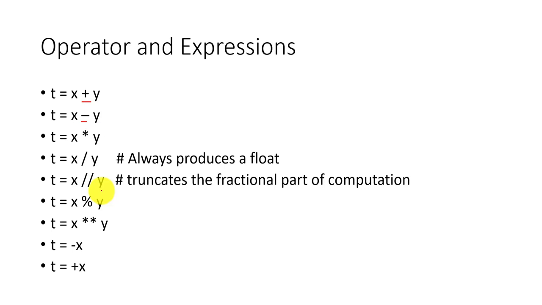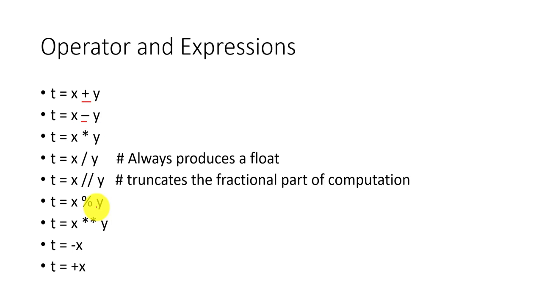Similarly, if x is 5 and y is 2, then also t will get the value 2, since 5 slash 2 is equal to 2.5, and 0.5 will be ignored by this double slash operator, so t will get the value 2 and it will remain an integer variable.